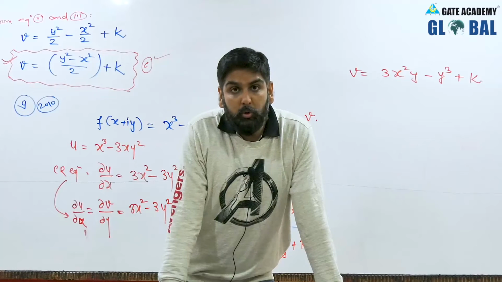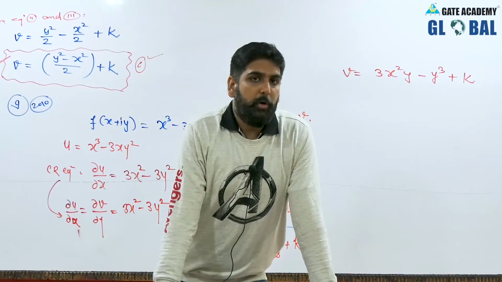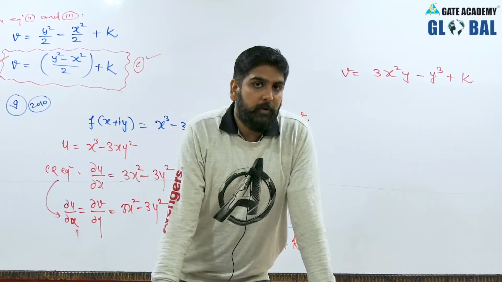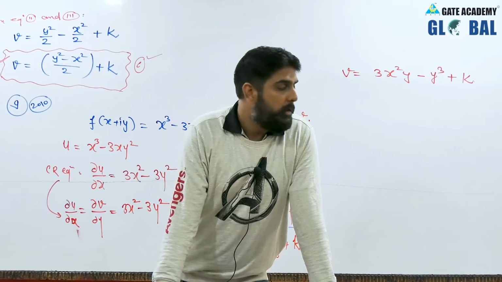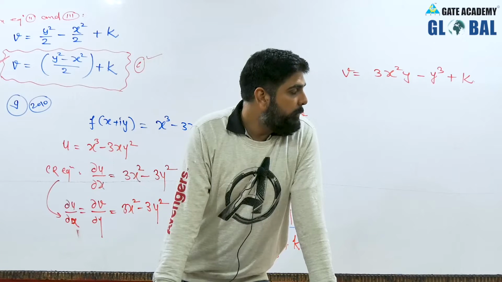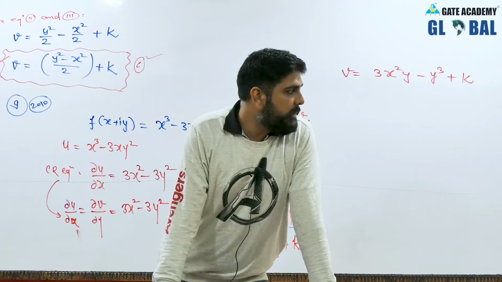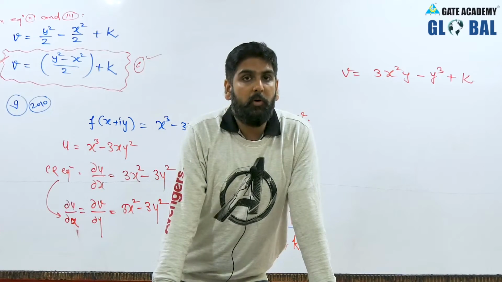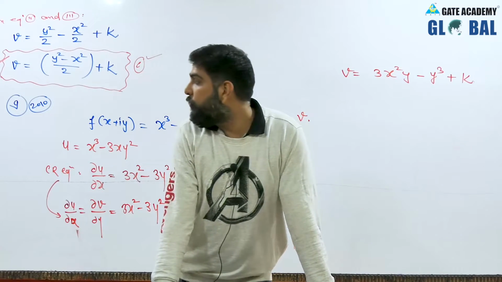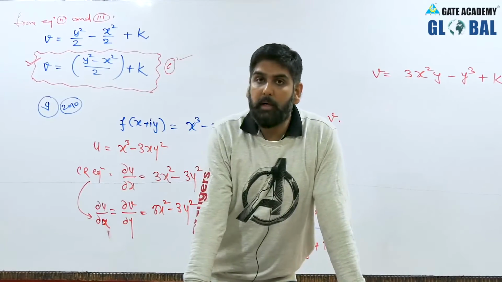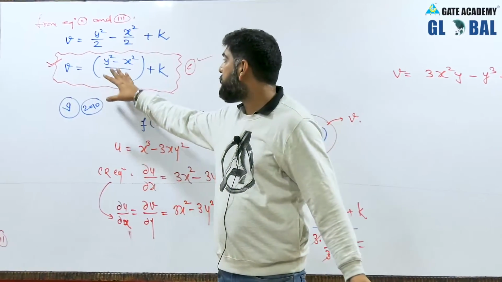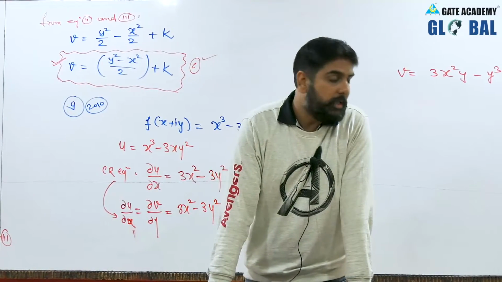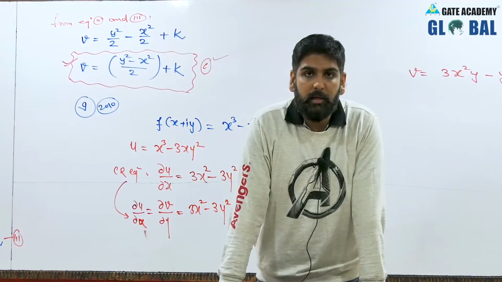The conclusion is, by putting the value z equal to x plus iy in the analytic function which I have got, taking the square and separating it, what I got is exactly the real part, which is xy, and the imaginary part, which is y square minus x square by 2 plus c. So that's it related with the analytic function, my dear students.